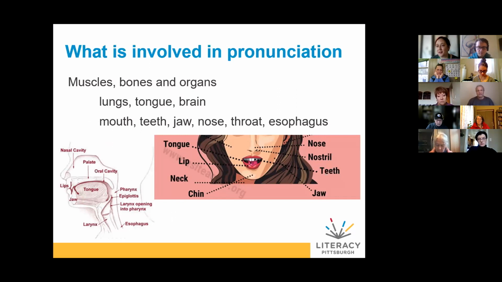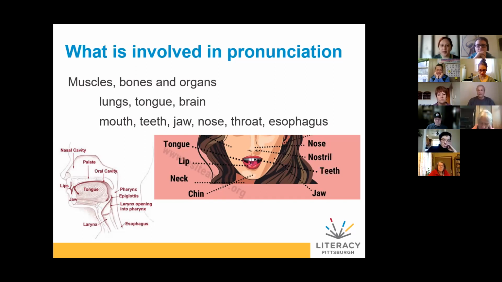You don't need to know all this to teach pronunciation, but sometimes I like to remind students that it's not like they're not doing something good. It's a lot involved. It's like exercise. You have to practice and exercise in order to develop those muscles, in order to train your brain on these new sounds. So it can be difficult to train ourselves to produce new sounds.